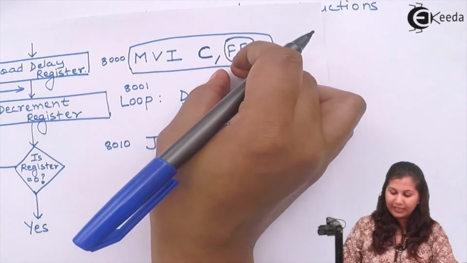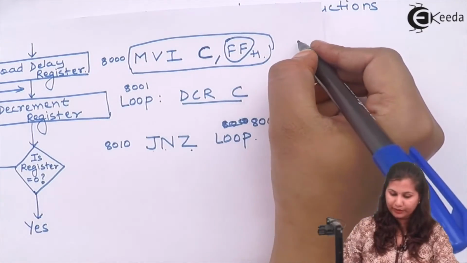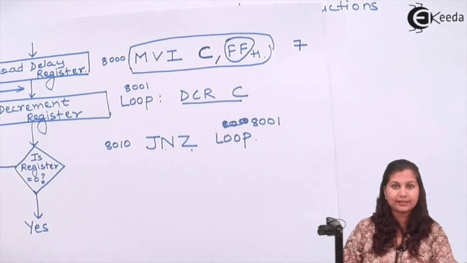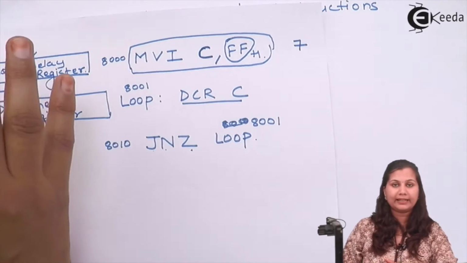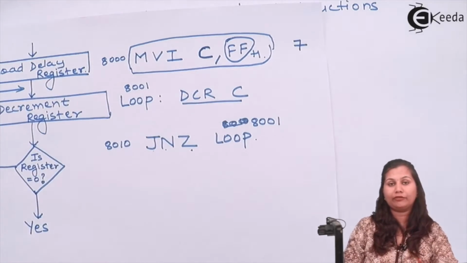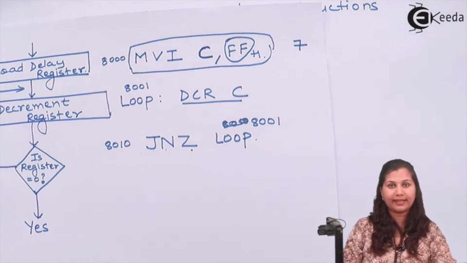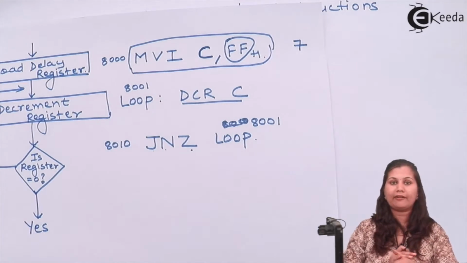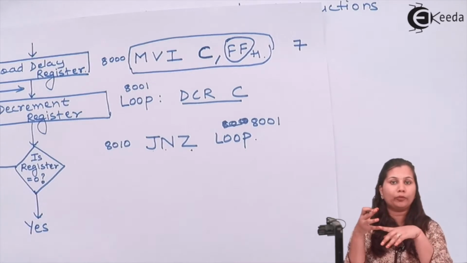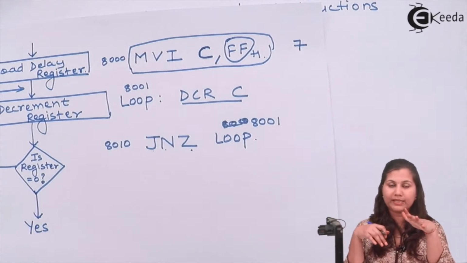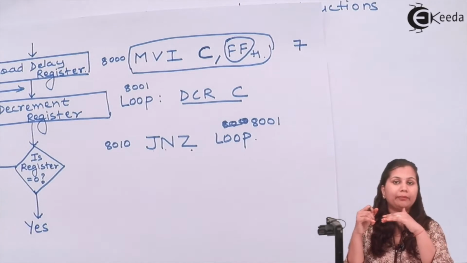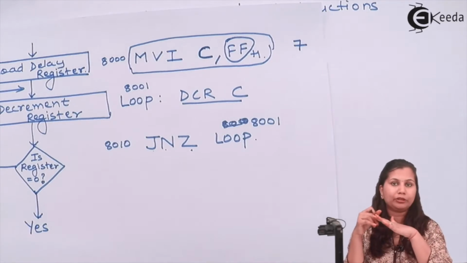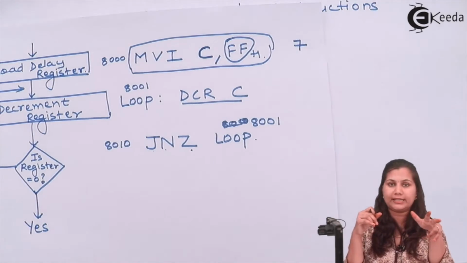This is MVI C FF, so it will require 7 T states. You can get this if you have the knowledge about the machine cycles, because in machine cycles we draw the timing diagram for every machine cycle, and we know that we have 5 machine cycles. Opcode fetch requires 4 T states, then memory read, memory write, input output read, input output write require 3 T states.